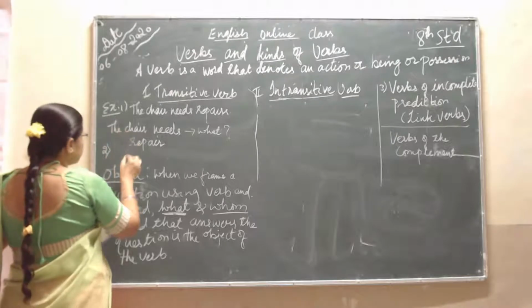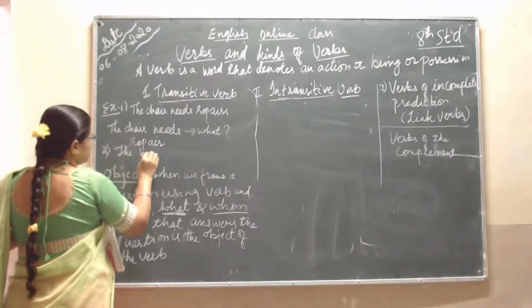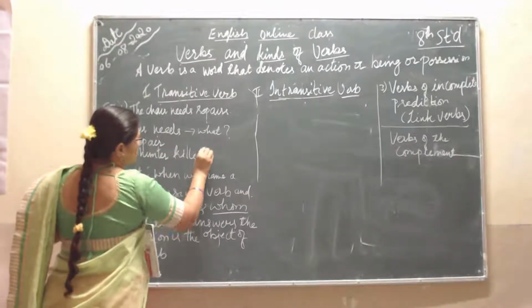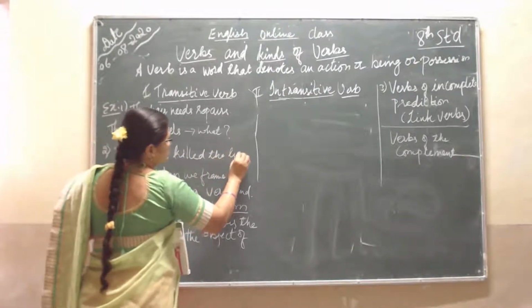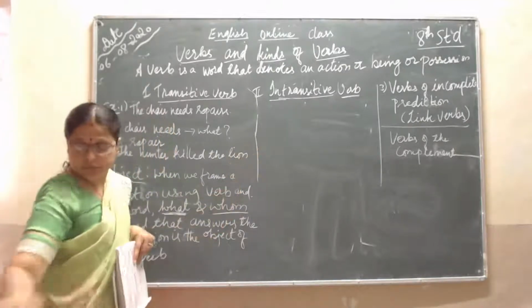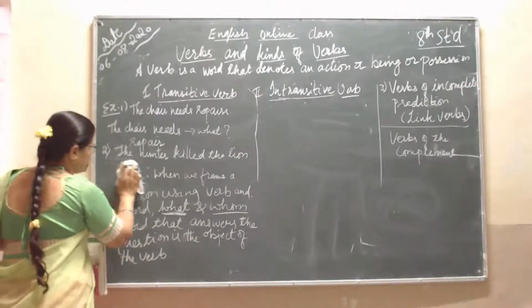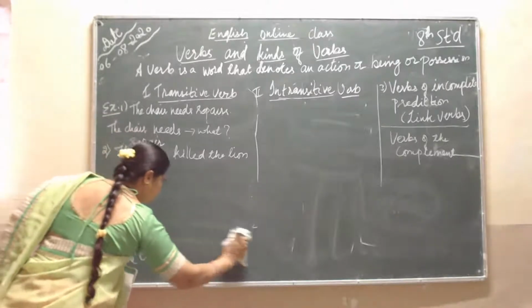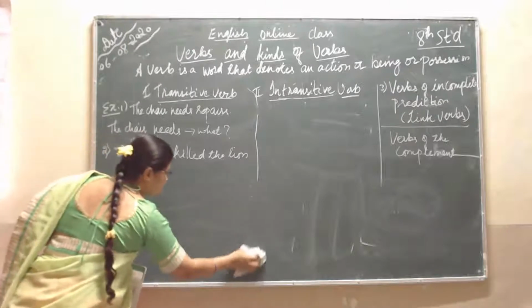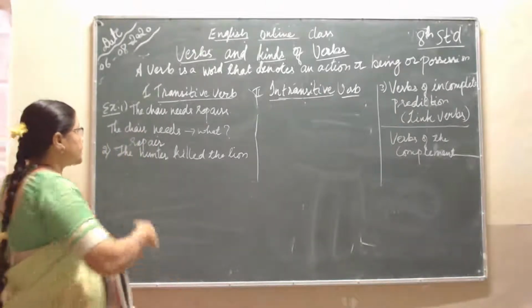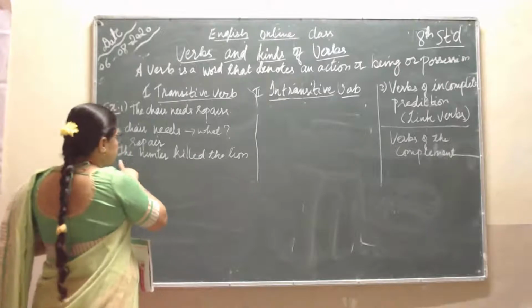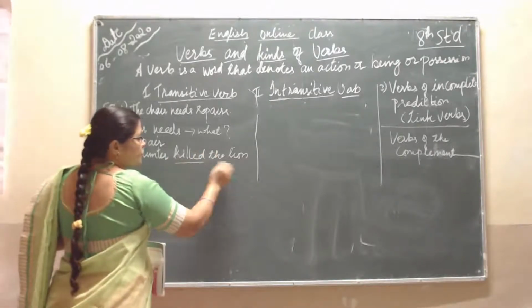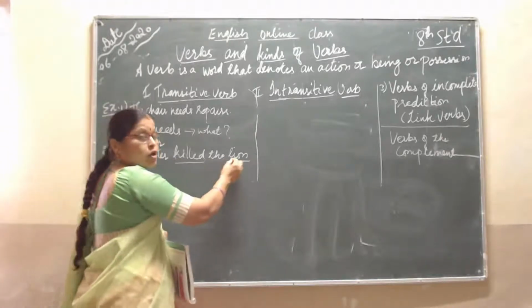So the second example is: the hunter killed the lion. Again, you can frame a question. The hunter killed what? Your answer will be the lion.